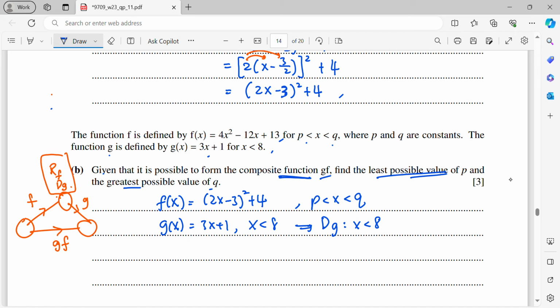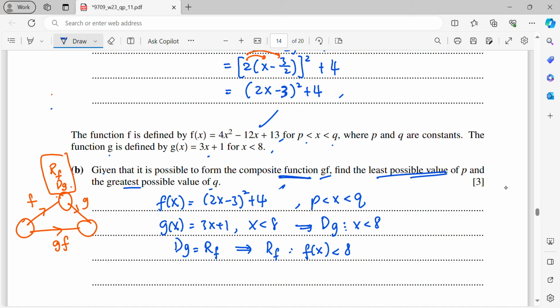Since domain g equals range f, for the gf function to exist, my range f has to be the same as domain g. But then the x has to change to fx. It's less than 8. So this is my fx, and you can write fx less than 8.